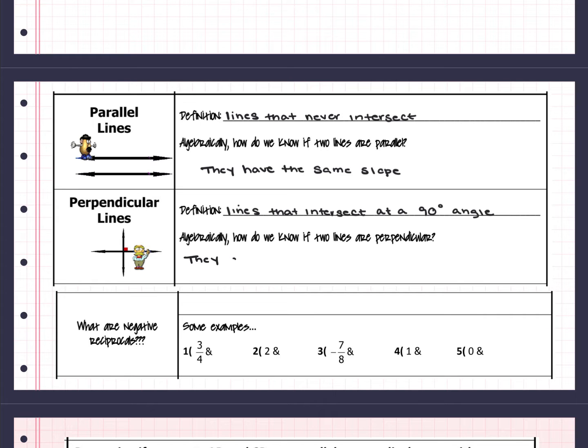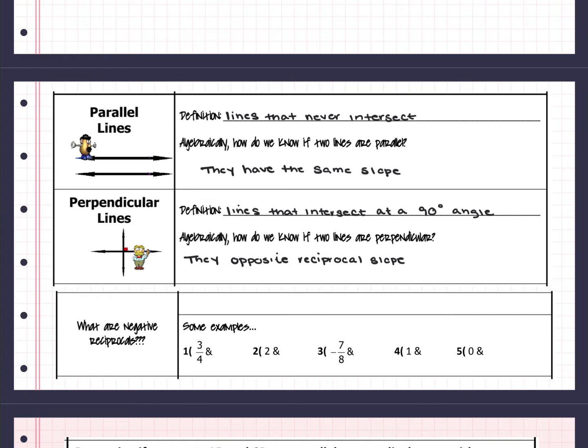They have opposite reciprocal slopes. All right, so what we mean by that is they have the opposite sign, and they are the reciprocal.